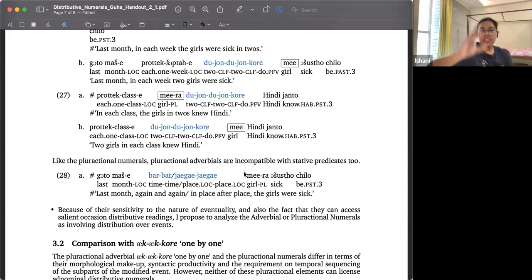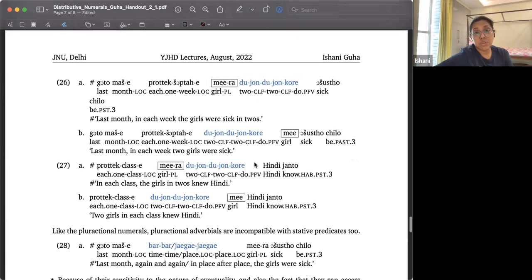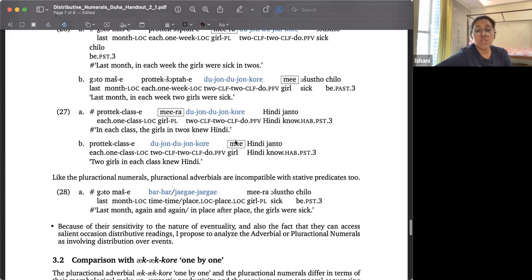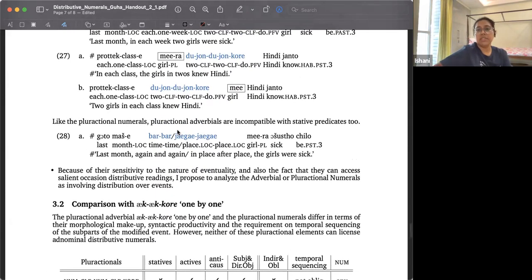This kind of sensitivity to the eventuality that we see for the adverbial numerals is also seen with the correlational adverbials, namely time and time again, and again and again, bar bar, in place after place, something like that. Those are also bad with stative predicates.